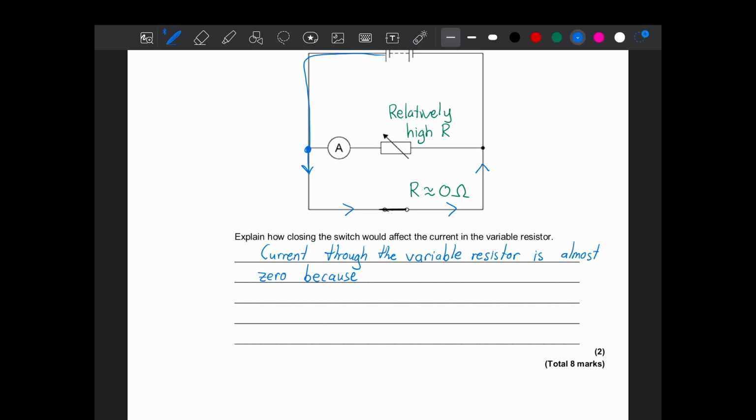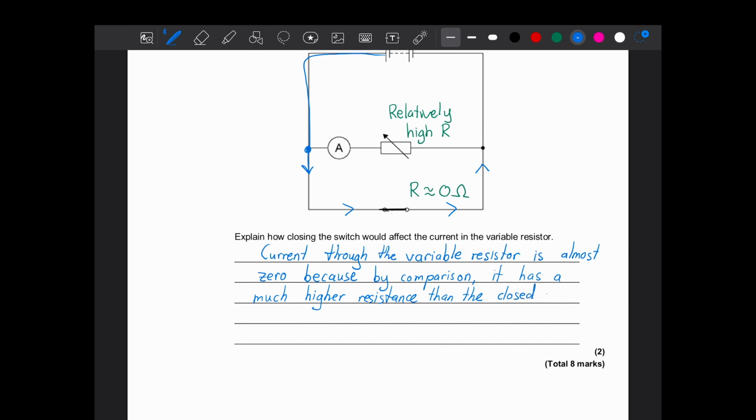And the reason here is because, by comparison, it has a much higher resistance than the closed switch.